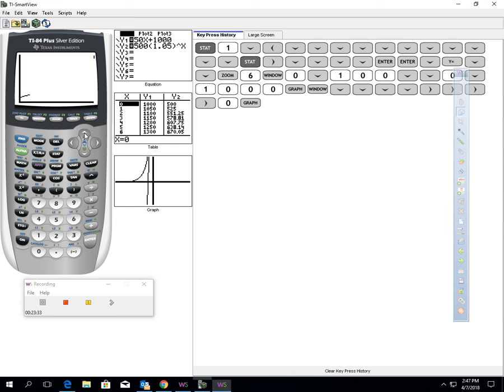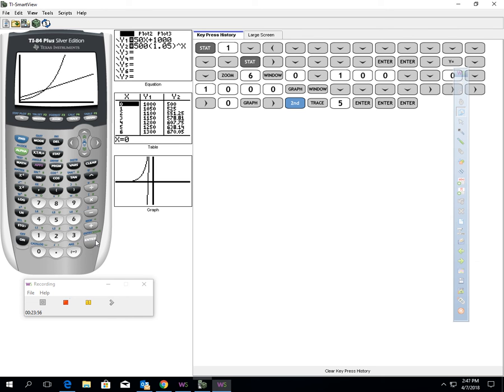Okay, now here we go. You can see in this picture now that these two graphs meet. So let's use the intersect feature to find out where they meet. So remember, we're going to do second, calc, option 5, and press enter 3 times.